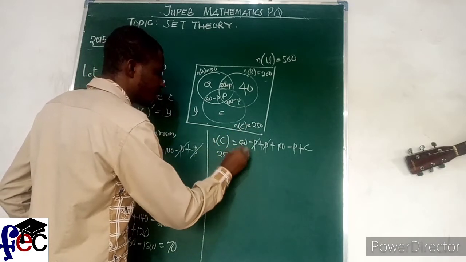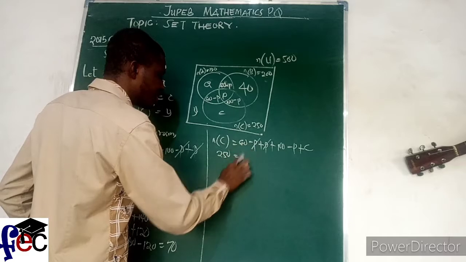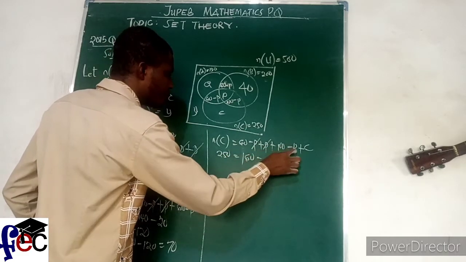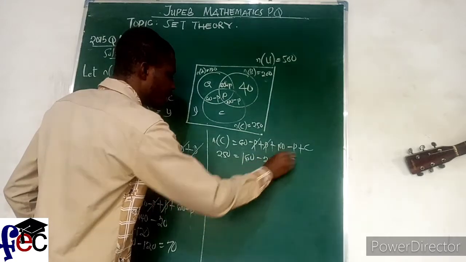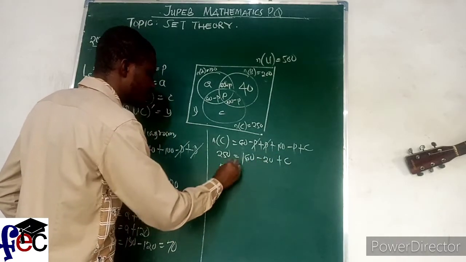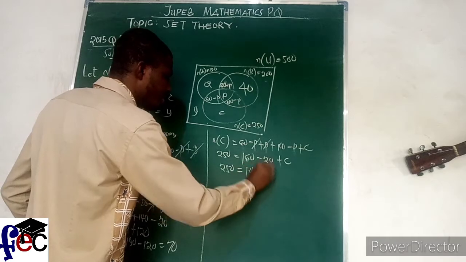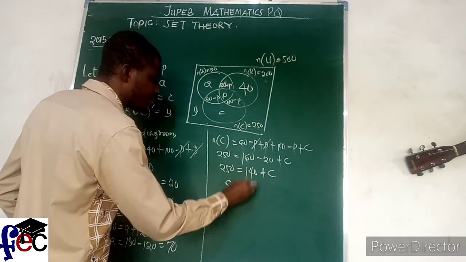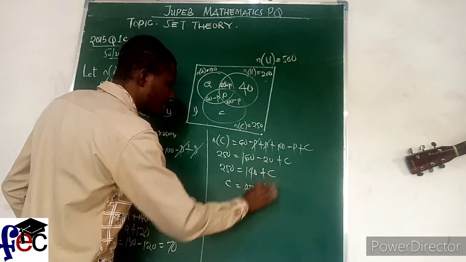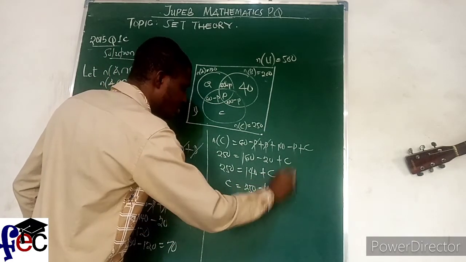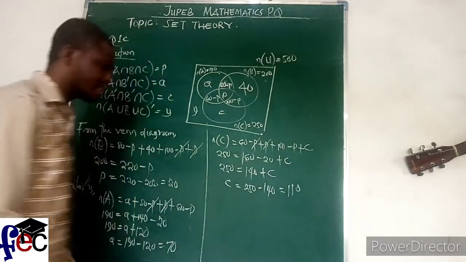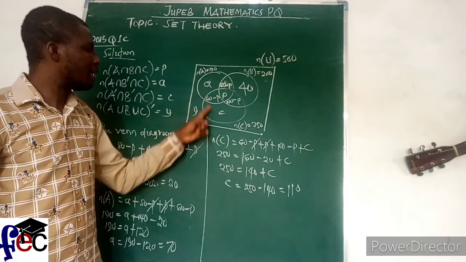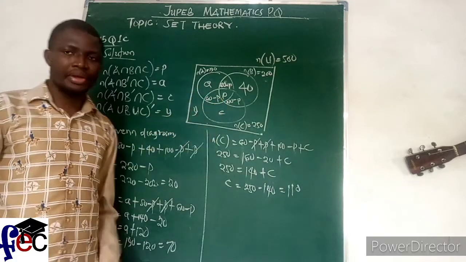So this will give me 160, because 60 plus 100 is 160, minus P is already 20, then plus C. So this will give me 250 equal to 140 plus C. What is my C? Take this to the other side, so definitely C is going to be 250 minus 140, and that's going to give me 110. Am I right? Yes. Okay, so now I have gotten my A, C, and P.